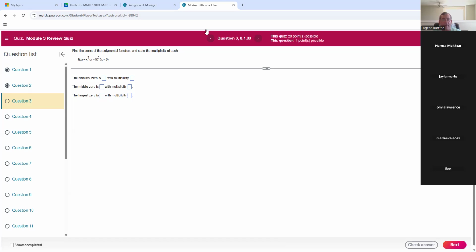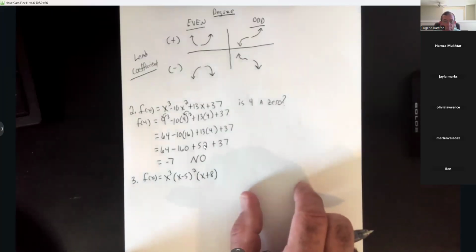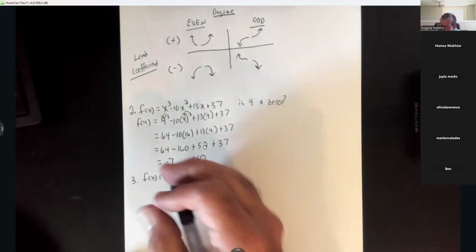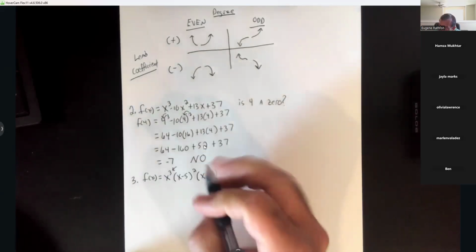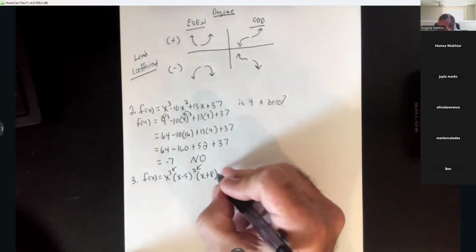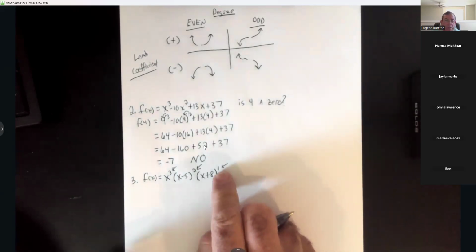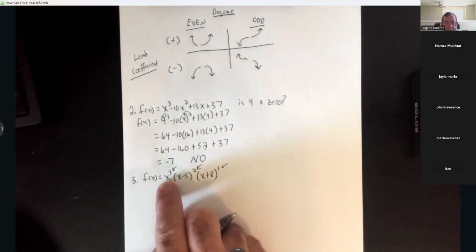So let's go work these out real quick. Once we find our zeros, we'll figure out their multiplicities because of the exponents. And y'all remember, the last x plus 8 don't have an exponent by it, so it is definitely a 1, okay?